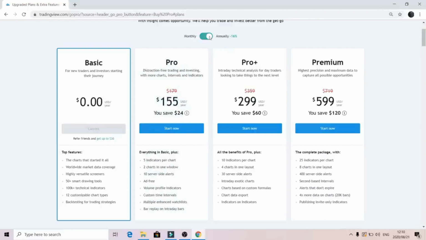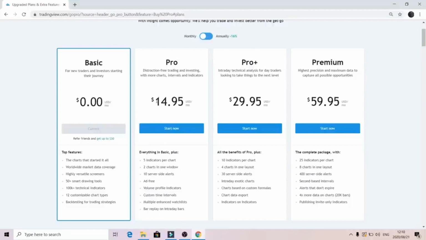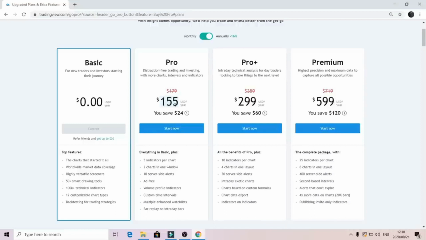But if you haven't done that yet, you can choose, guys, whether to pay $14 per month, or you want to subscribe for $155 per year. It is up to you.